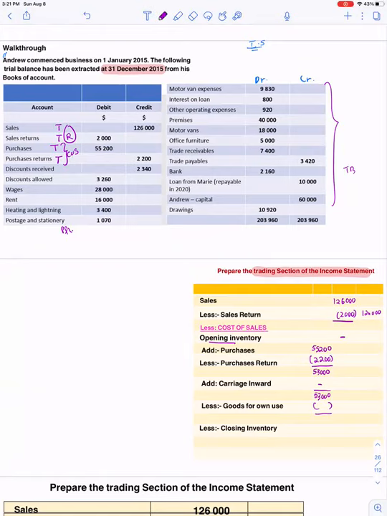Here, the confusing part is that we see drawings over here. But always remember, the drawings given in the trial balance would always be a part of the balance sheet. In the trading section, the goods for own use that we subtract would always be the one that is given in the adjustment.